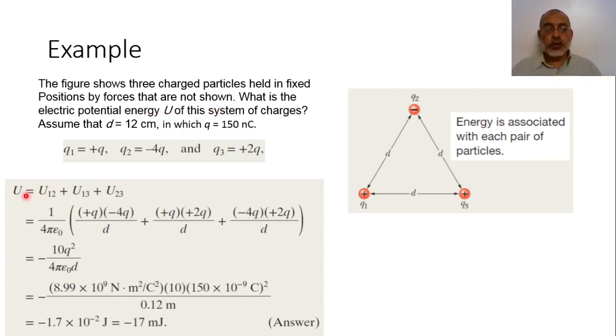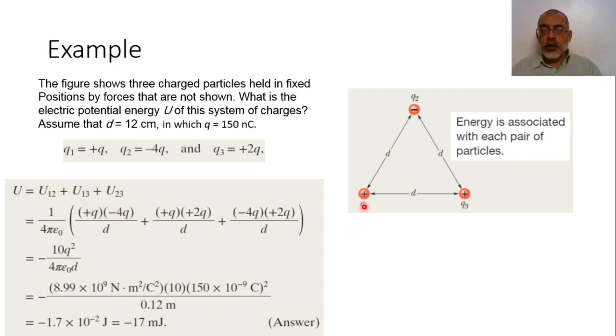So we say that the total stored energy is the stored energy between 1 and 2 plus the stored energy between 1 and 3 plus the stored energy between 2 and 3. So it will be 1 over 4 pi epsilon naught, Q1 multiplied by Q2 over D. Q1 is positive Q, Q2 is minus 4Q.